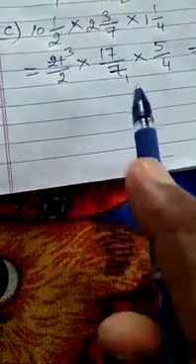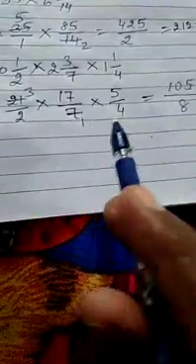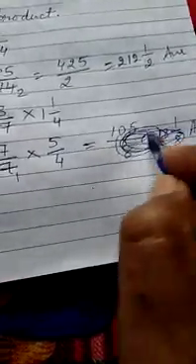Now in the numerator part you see 3, 17 and 5, and in the denominator parts 2, 1 and 4. Now no number can be divided from numerator and denominator. So you will multiply the numerator and you will multiply the denominator and write the answer. So after multiplying 3 into 17 into 5, we have got, oh, this is not correct.